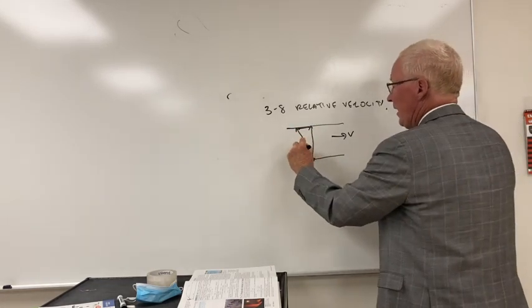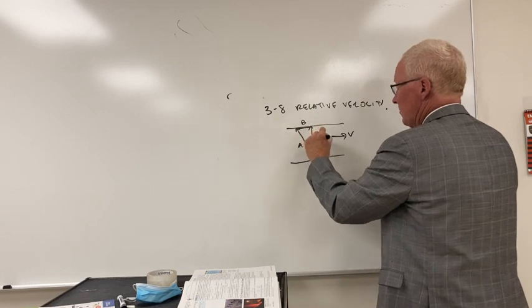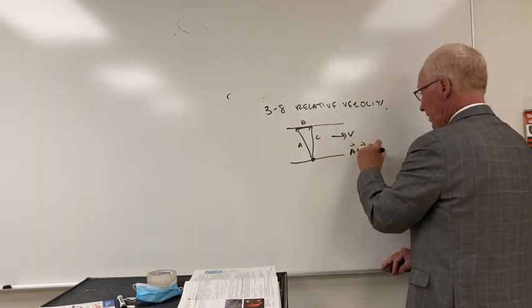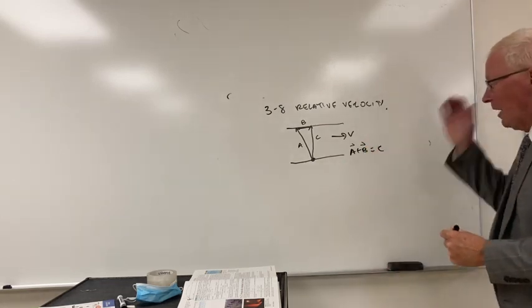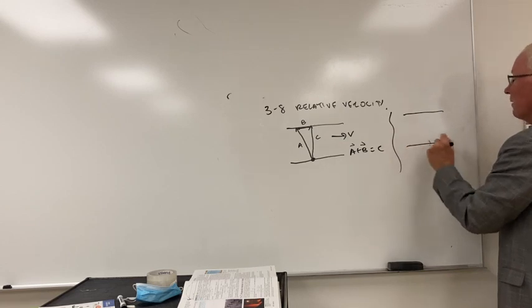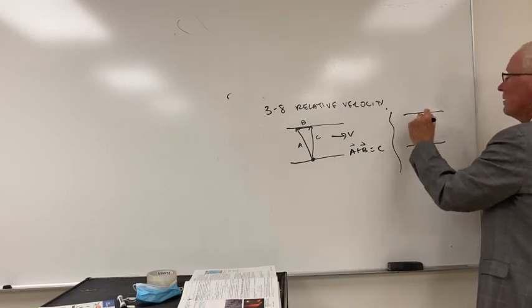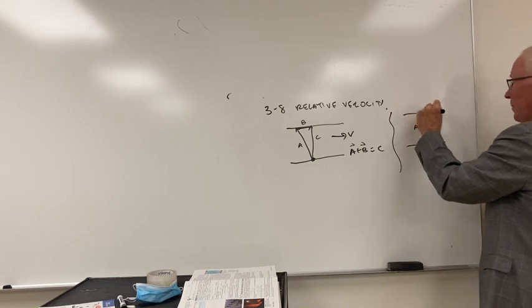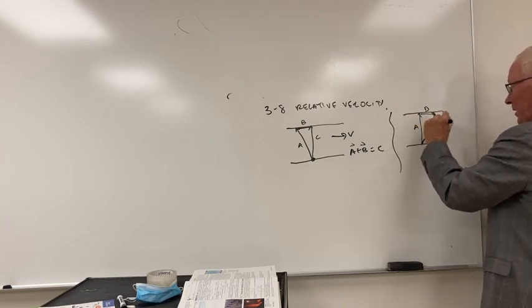So this would be A, this would be B, and then C. A plus B gets you C. Or the other option is you go straight across A, and you get dragged down by B, and then C would be here.